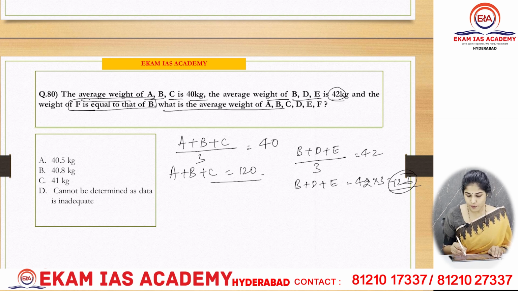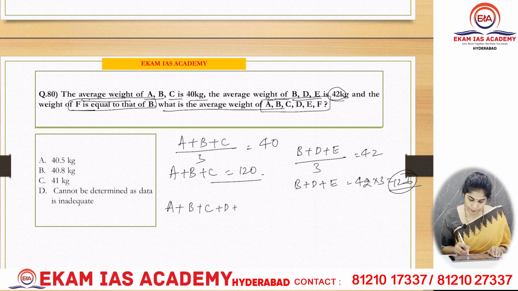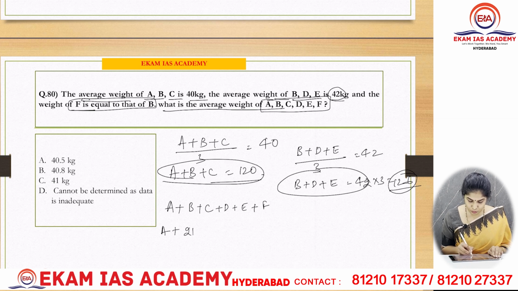What is the average weight of A, B, C, D, E and F? So we need A, B, C, D, E and F. From these two we can write A plus 2B plus C plus D plus E is equal to 120 plus 126, which is 246, right?